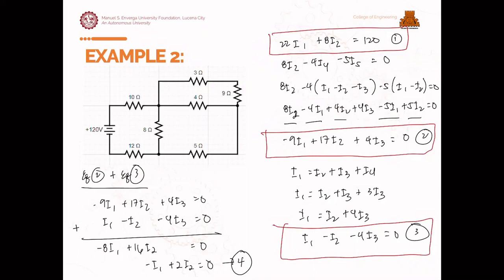Then we have negative, positive 4, negative, negative 1, negative 4, 0. We have pag yung equation 2 and 3, negative 8 ay plus 16.